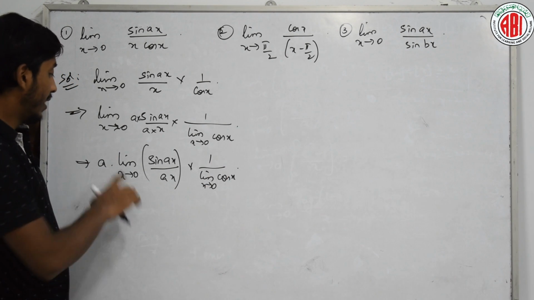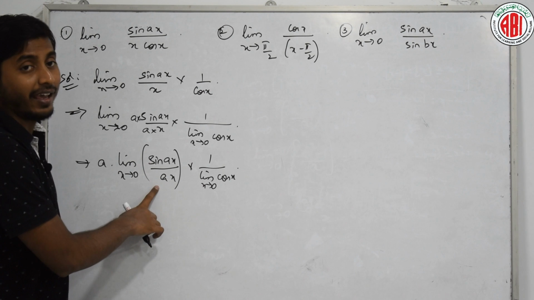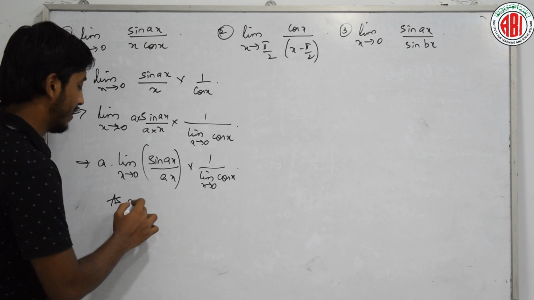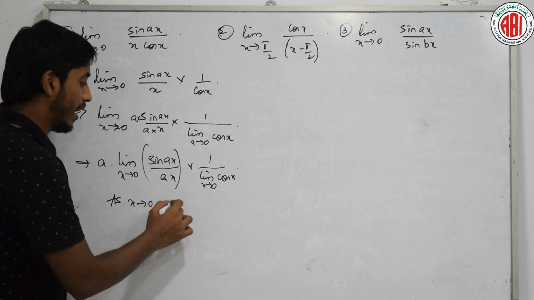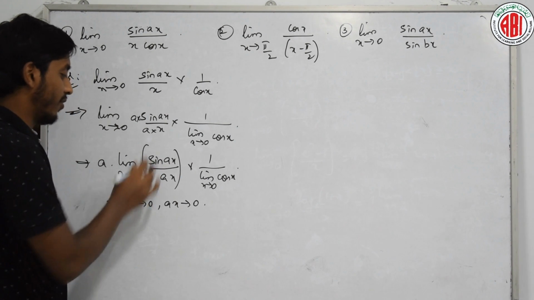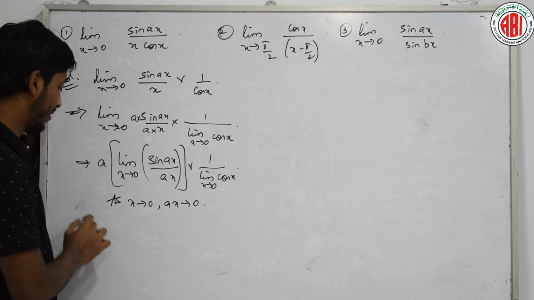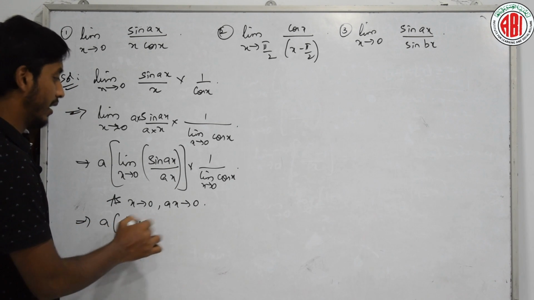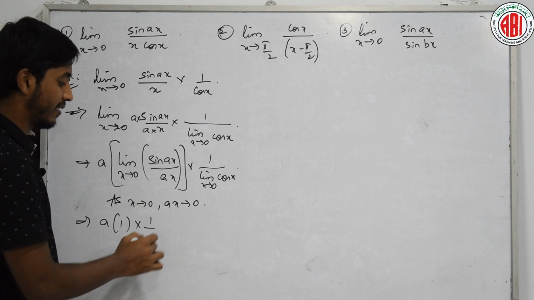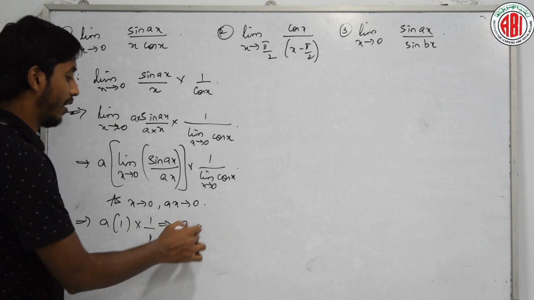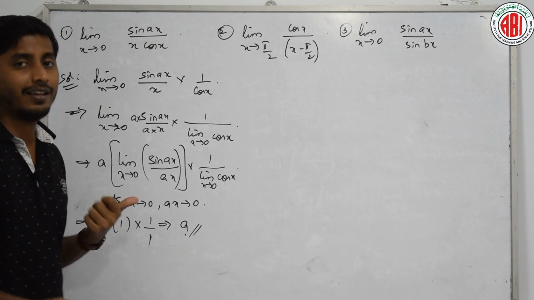As x tends to 0, ax also tends to 0, therefore this whole value becomes 1, that is a into 1 into the limit of cos x, which is 1, so this is equal to a. Isn't it easy? Clear?